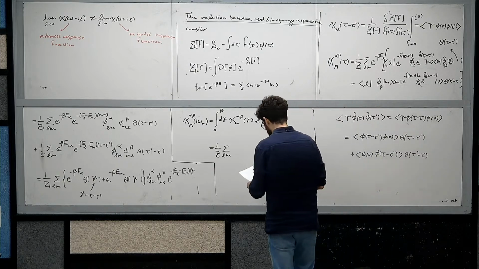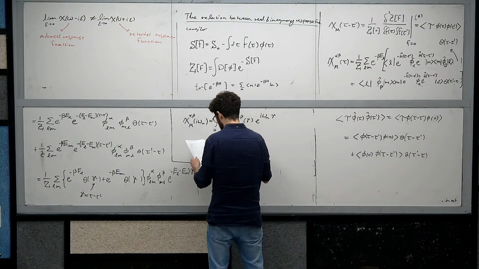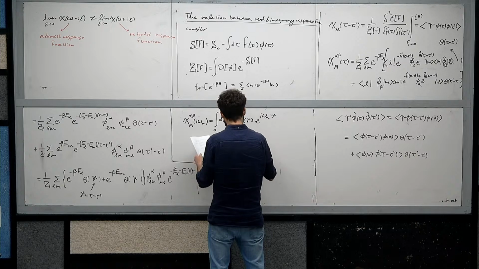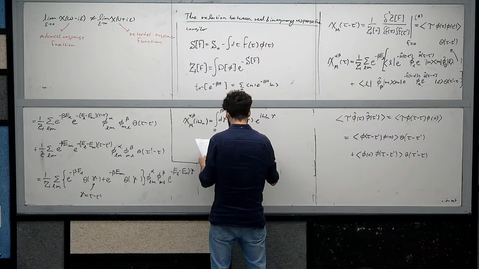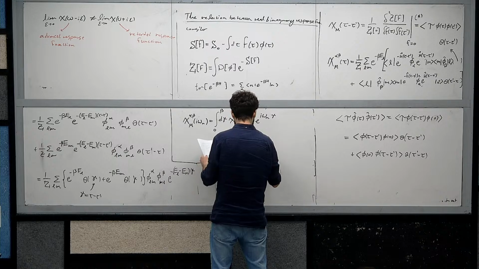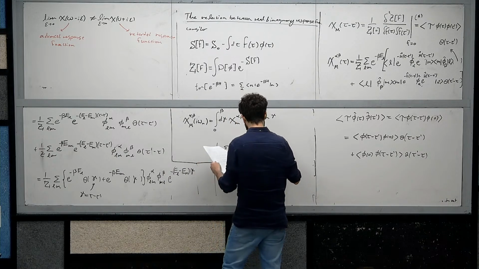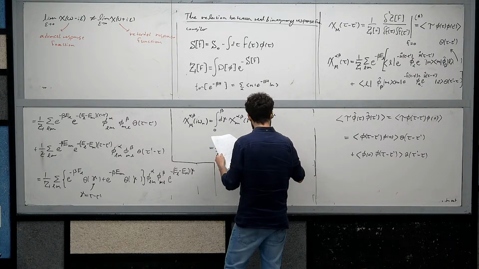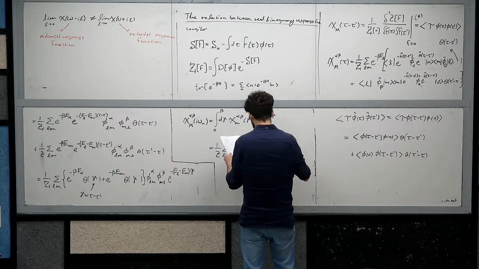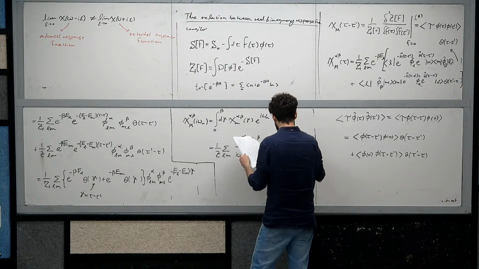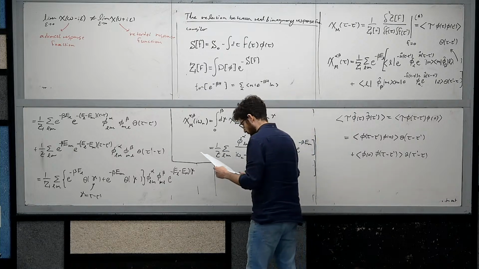If we do this calculation, we get 1 over Z, phi alpha l m, phi m l beta, divided by i omega_n minus E_l minus E_m, and then we have e to the minus beta E_n minus e to the minus beta E_n.